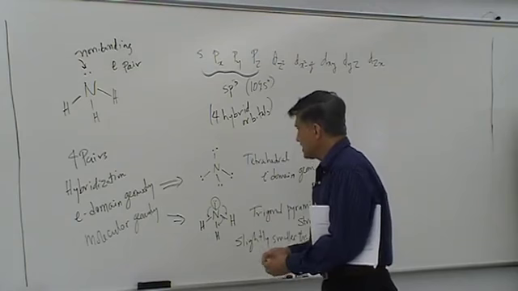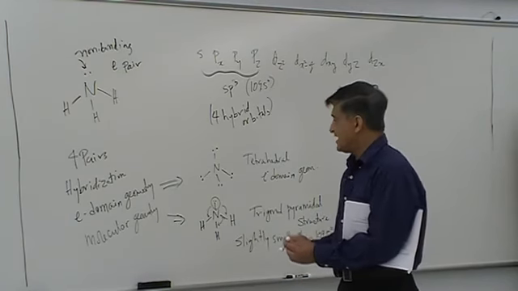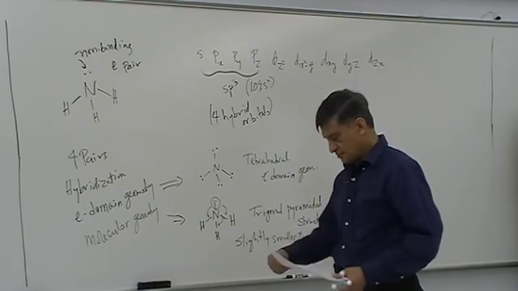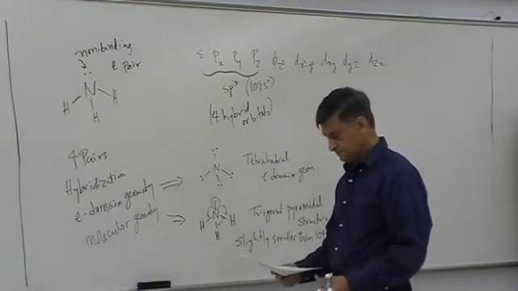So in the exam, I'm going to ask you a question on electron domain geometry, molecular geometry, angles. So you ought to be ready for that. Now let me give you another example.